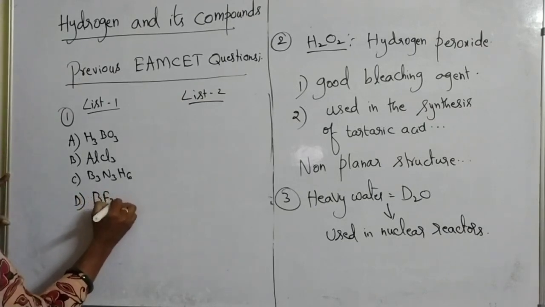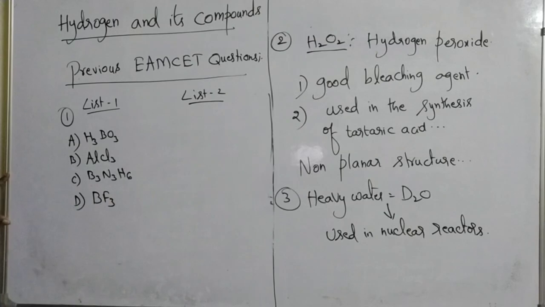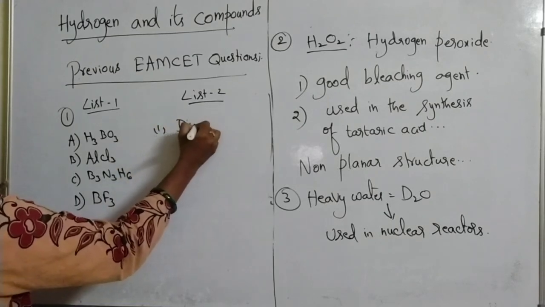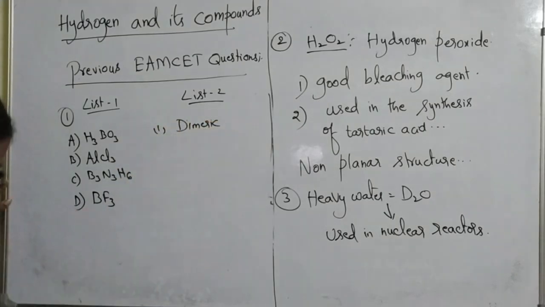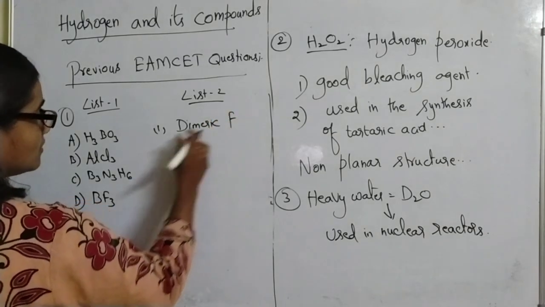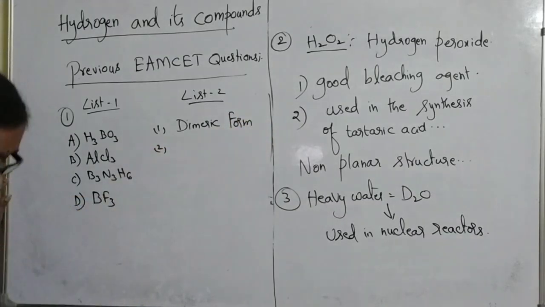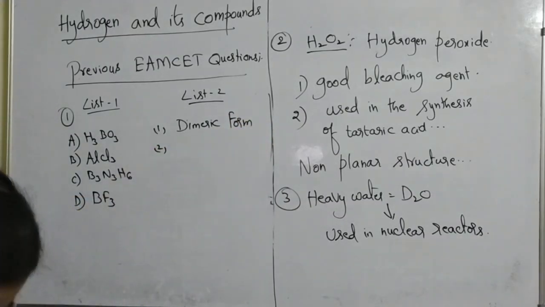Okay, and on that side options are given in list 2, physical and chemical property or name of the structure, anything they gave, just try to match them. Okay, the first option, number 1, is dimeric form, and number 2 is back bonding.